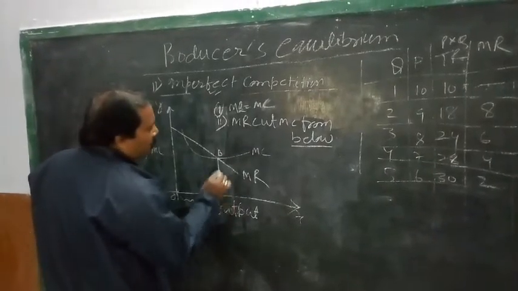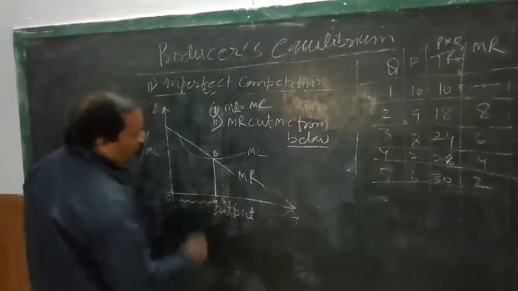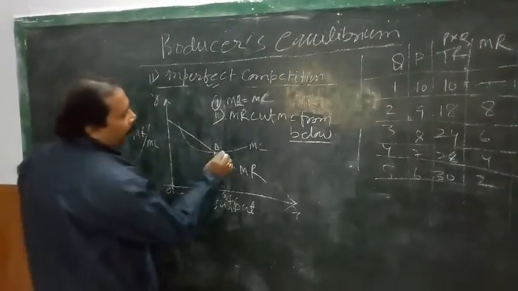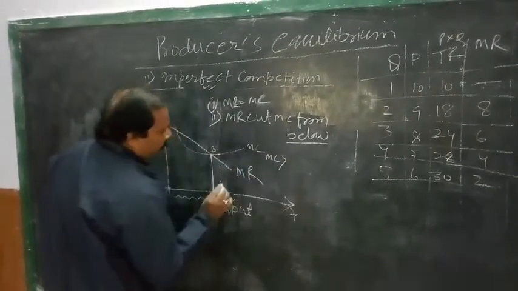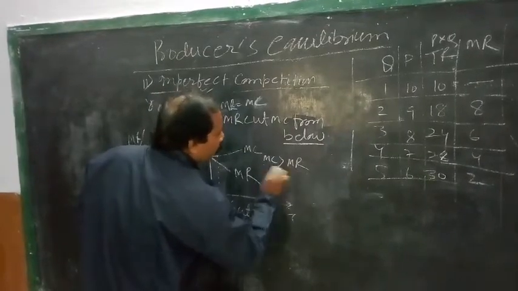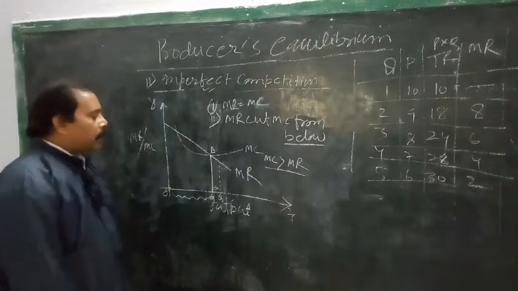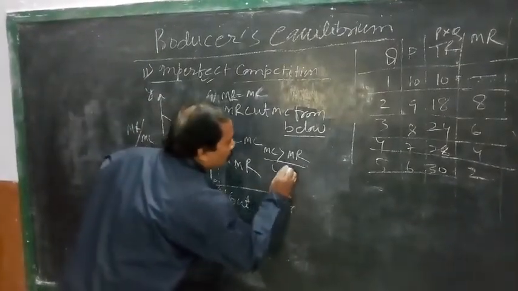And if he wants to increase the quantity from OQ to OQ1, what do we get? We get that the marginal cost has become greater than marginal revenue. If marginal cost is greater than marginal revenue, it means the firm is facing a loss.